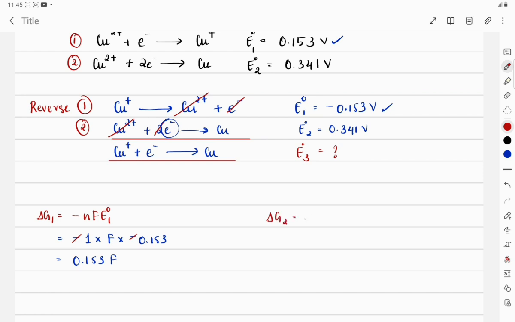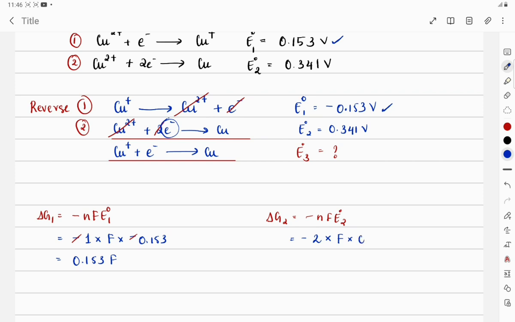Delta G2 will be minus nF E02, just like what we did before. Minus, what is the number of electrons involved here? In the second equation you can see it is Cu2+ plus 2 electrons. So the number of electrons involved is 2, into F, into E02. There is no confusion regarding E02 because we just took equation 2 as it is.